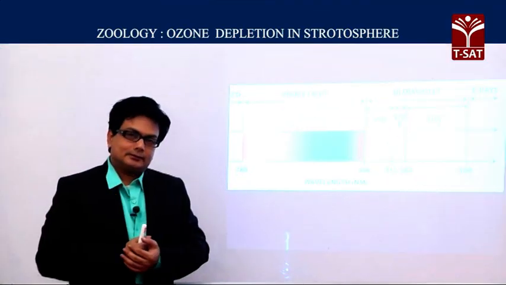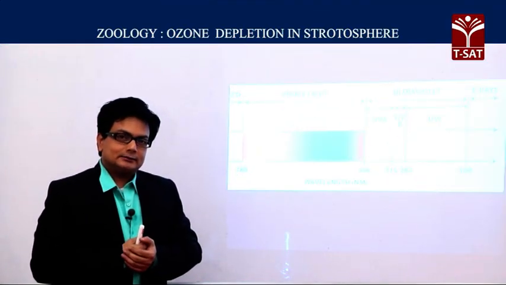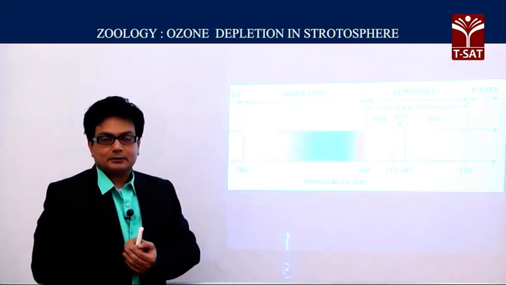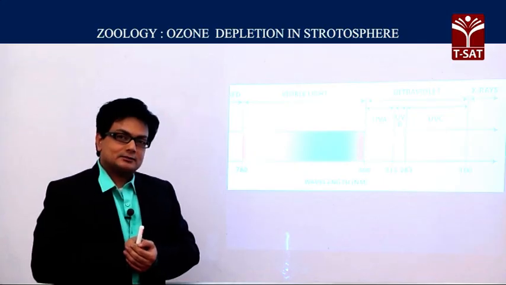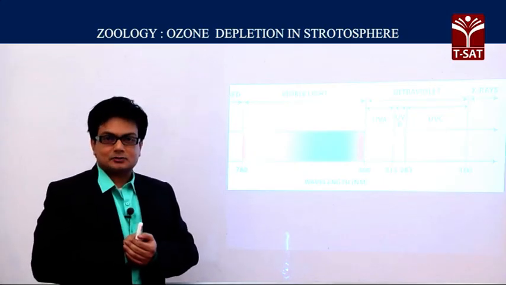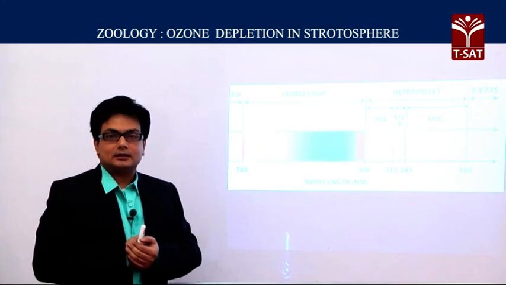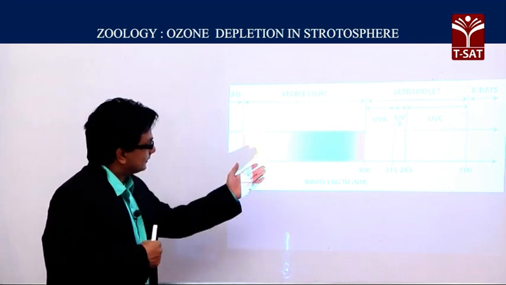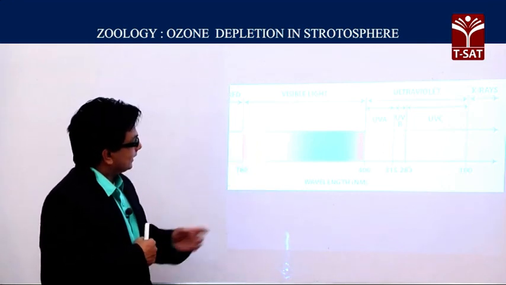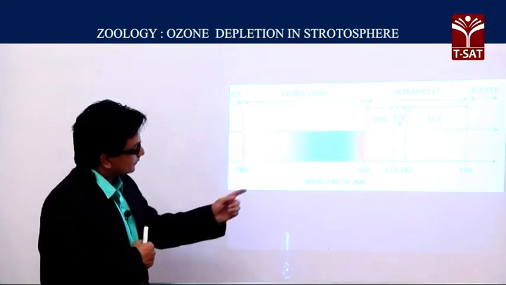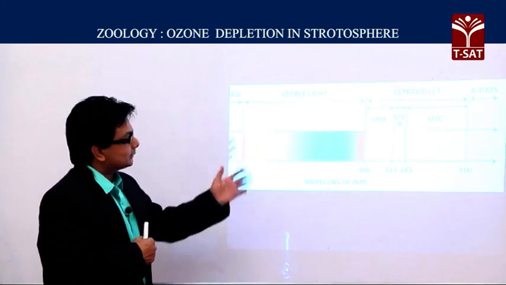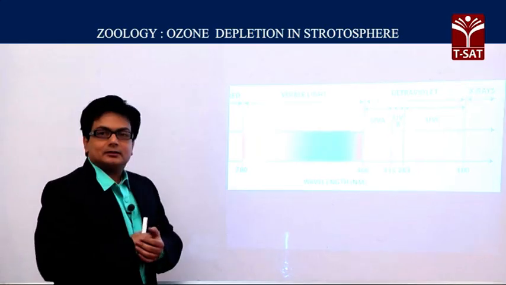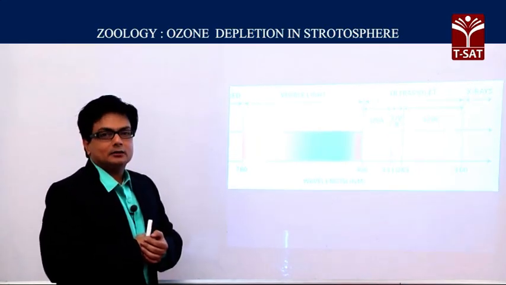I was explaining to you that this ozone is an umbrella, a protective sheath around the earth. It protects the human race, the human beings, the living organisms on this planet from the hazardous effects of ultraviolet radiation. If you look at this particular picture, after the visible light, we can see the three different types of ultraviolet radiations named as UVA, UVB and UVC.